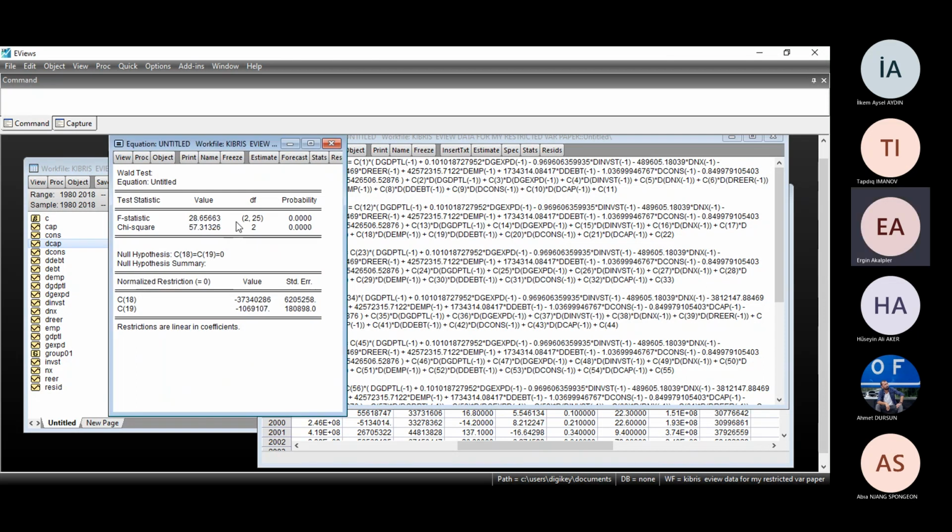All is very good. It is a very good model. It's satisfying and it is good for the second equation also, as you see. And we go to 20 and 21.